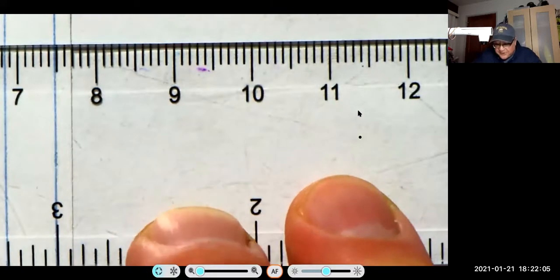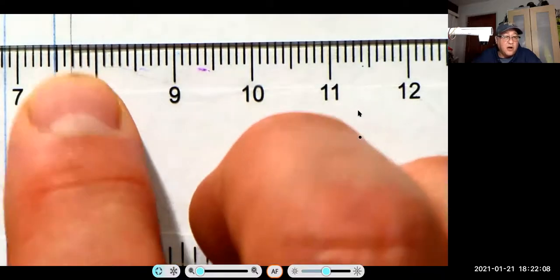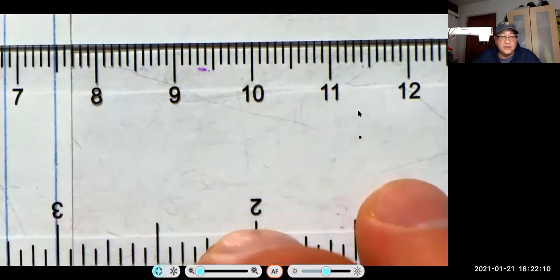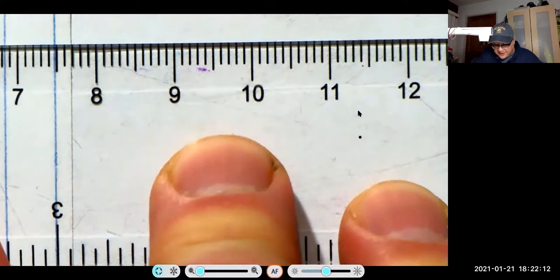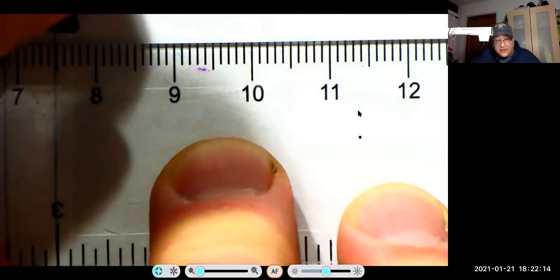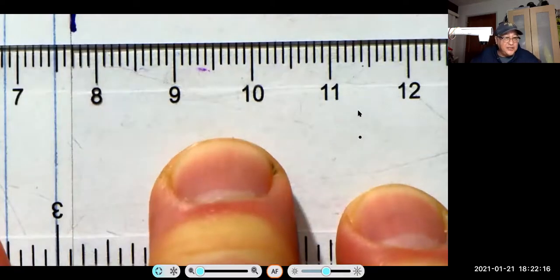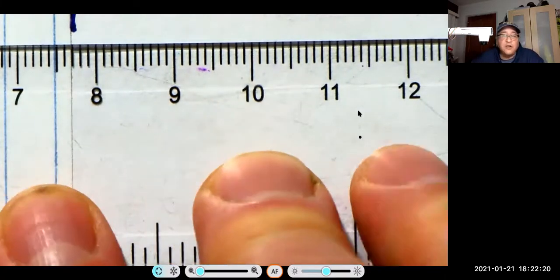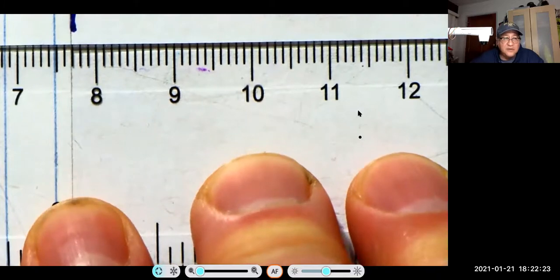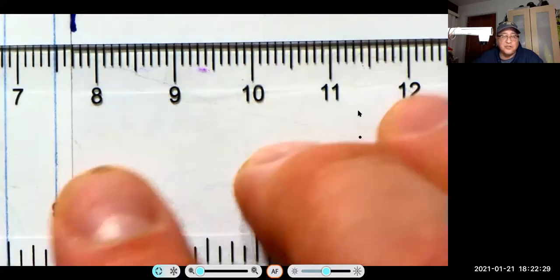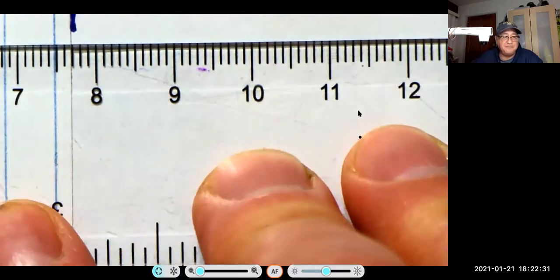Okay, can everyone see the edge of the card underneath the ruler? This is the edge right here. I'm going to draw a line next to it. That's the edge. So what I want you to do is I want you to write down what you think the value is. And when you have a value written down, give me a thumbs up or a check mark or something like that, so I know that you've done it.